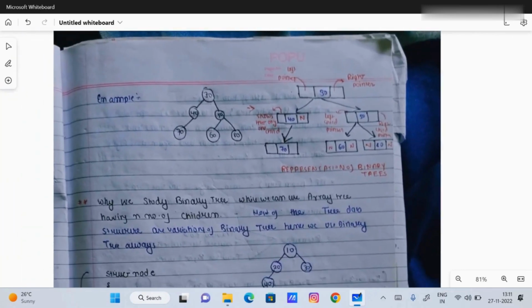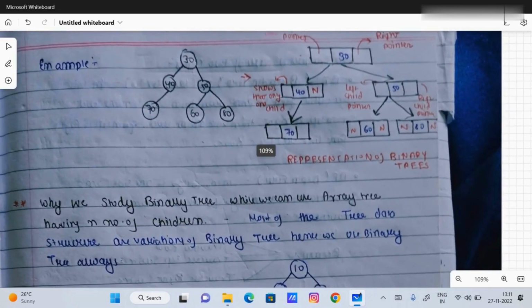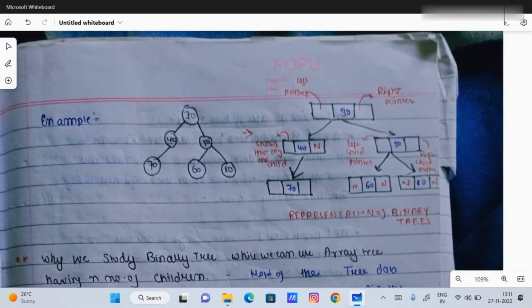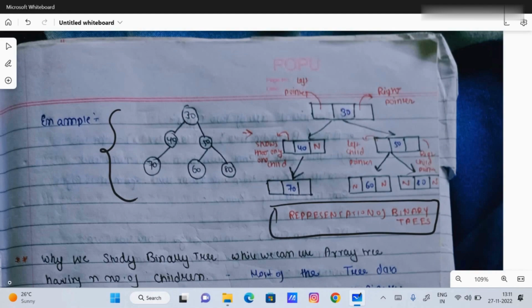Here you can see in the diagram the main representation of a binary tree, and if you make this diagram in the exams, you will definitely get proper marks. This is the basic representation of a binary tree, and this is the linked list representation of a binary tree.